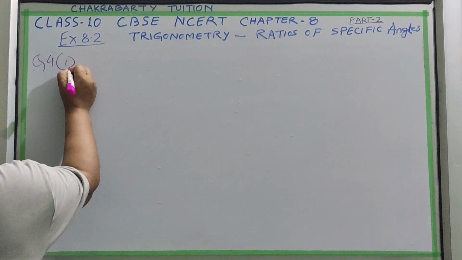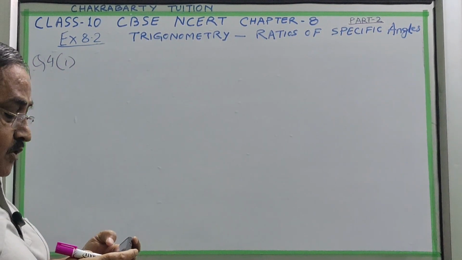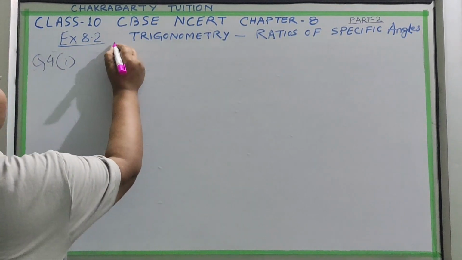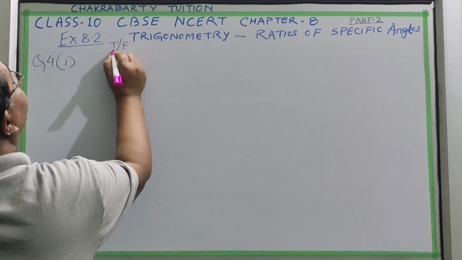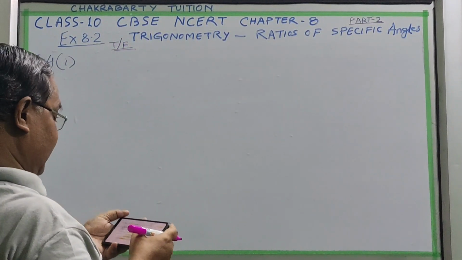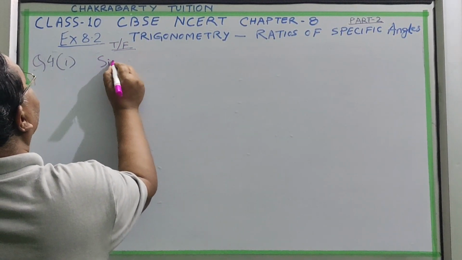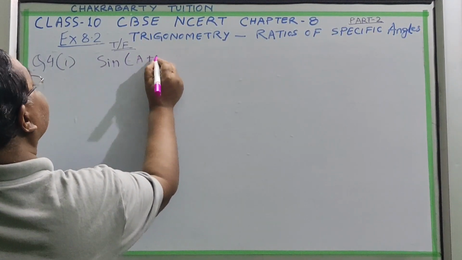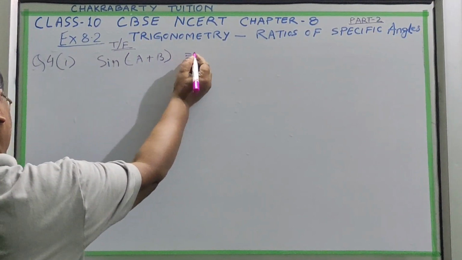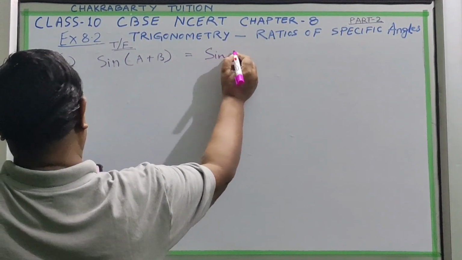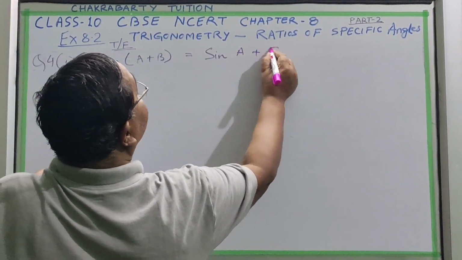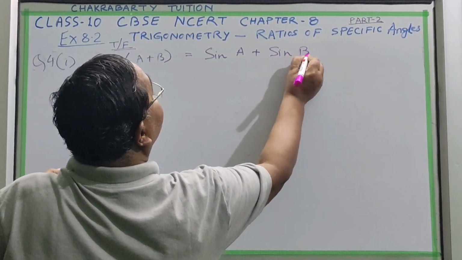Question 4 and first. In this you have to tell true or false. Means true or false type questions are here. So the first question is sin A plus B is equal to sin A plus sin B. Okay.